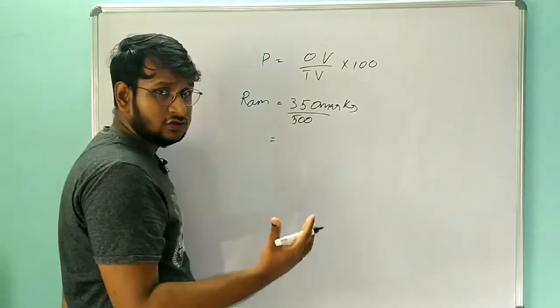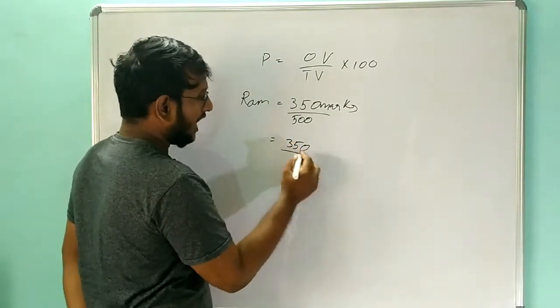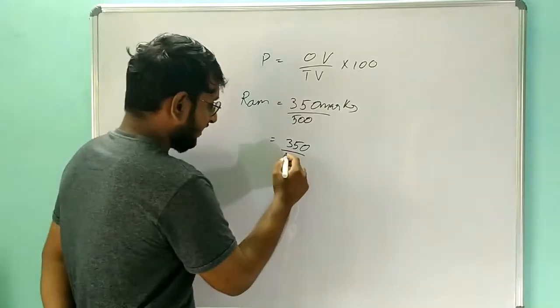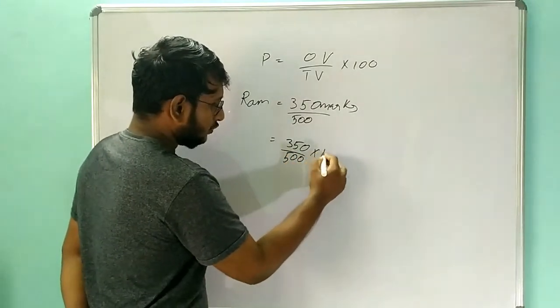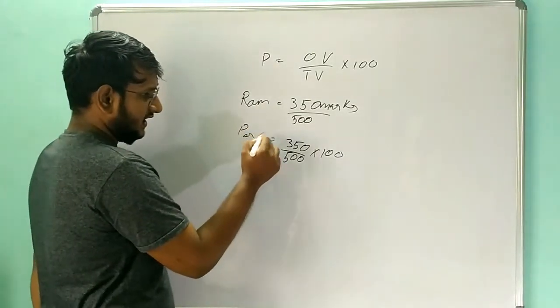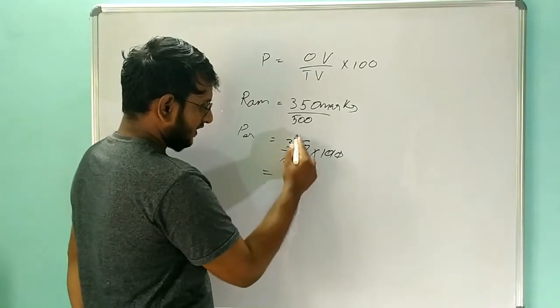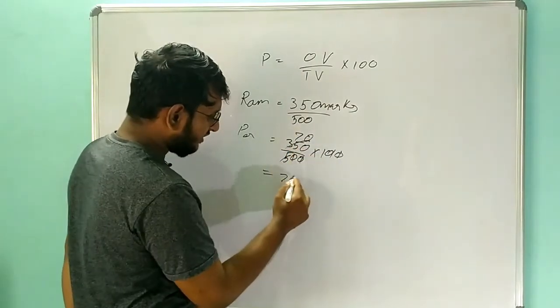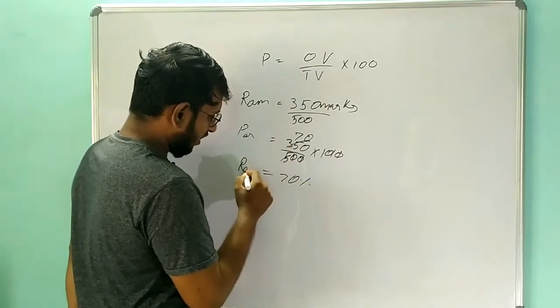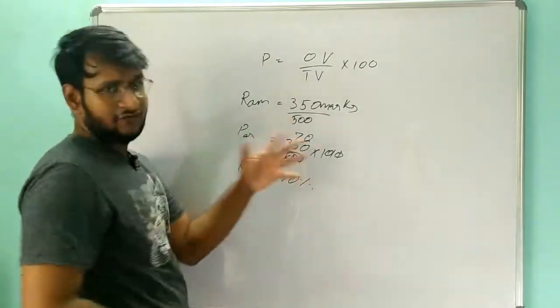The score he has obtained is 350, and the total score is 500, into 100. You can cancel these two zeros, 5 sevens are 35, so 70 will be the percentage of Ram. So Ram's score will be 70%, right?